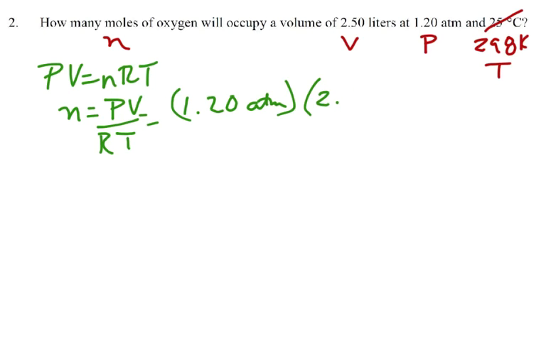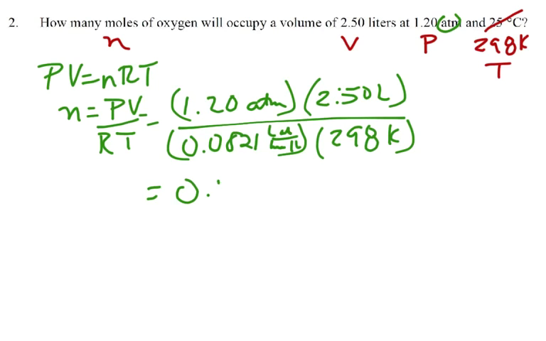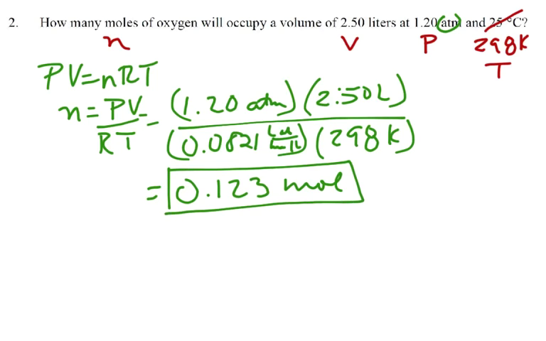Volume 2.5 liters. R, because we're using atmospheres, the value of R is 0.0821, and that's liter atmospheres per mole Kelvin. And the temperature is 298 Kelvin. When we go back and calculate that, we get 0.123 moles, and that's after we've rounded that off to 3 significant figures.